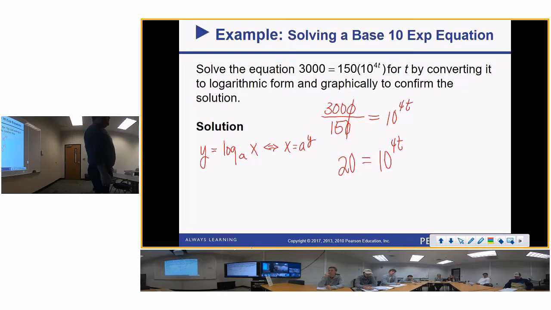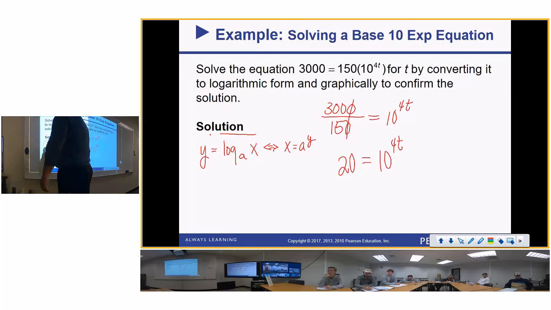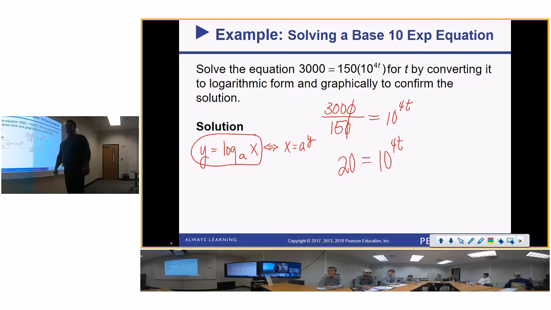But isn't that the definition of a logarithm? Yes or no? Yep. On the left side of the definition, what do I have? A logarithmic equation.